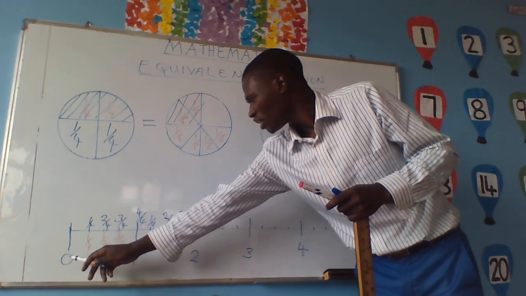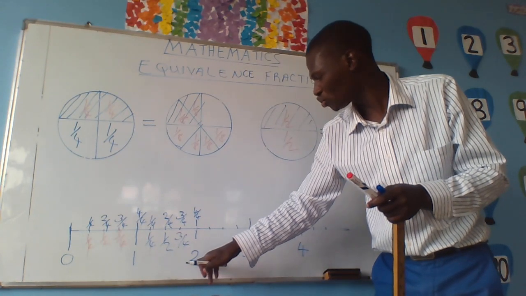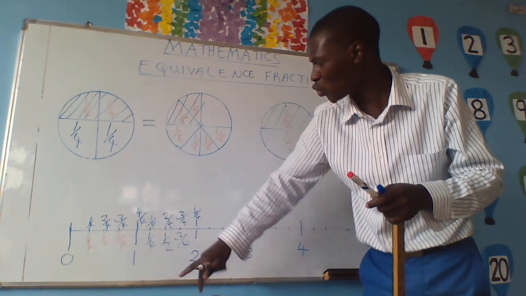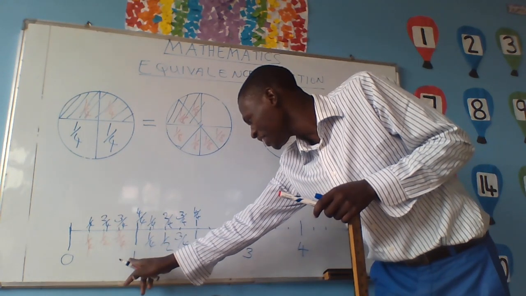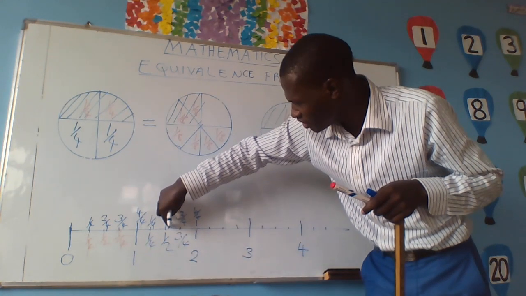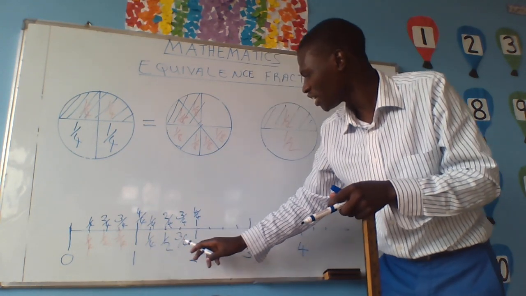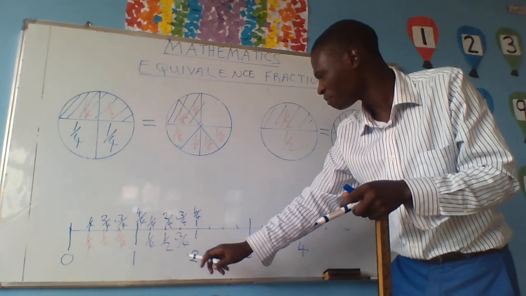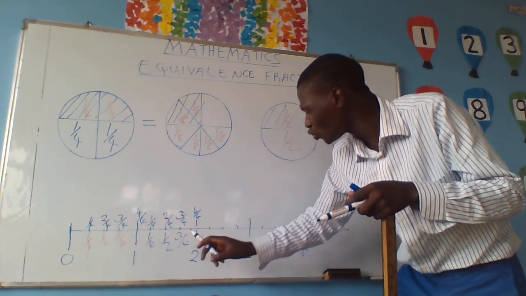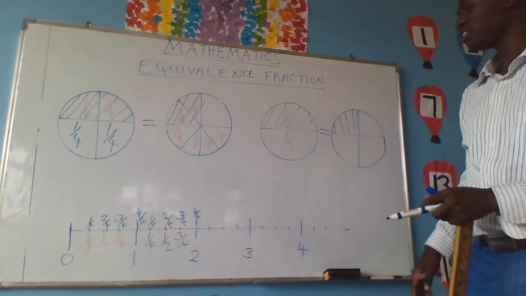Now, in the whole numbers we have 0, 1, and 2. But within 1, there are some fractions. So we will have 1 and a quarter until here, 1 and a half until this point, and 1 and 3/4 until this point. And 1 plus this 1 is equal to 2. That's why here we have 2.